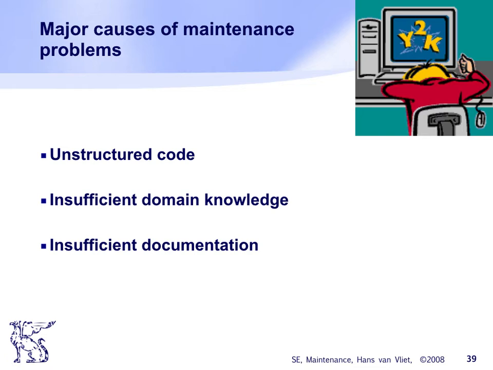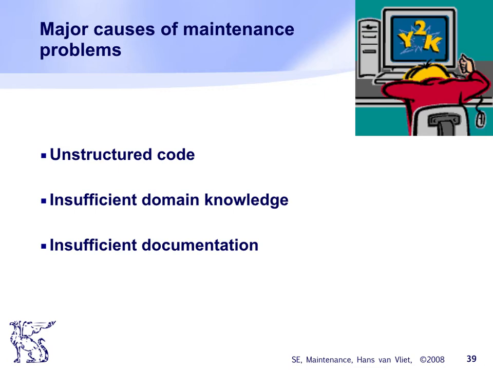So now we will discuss some major causes of maintenance problems. The first one is unstructured code. It actually refers to badly designed or coded. If the programmers use long procedures to write their program, or they use poor or inconsistent naming, or if they write high module complexities, or if they use deeply nested if statements, these actually refer to badly structured code, that means unstructured code.